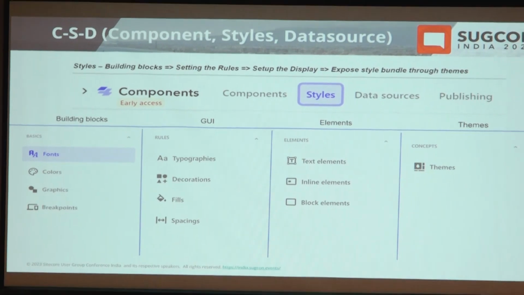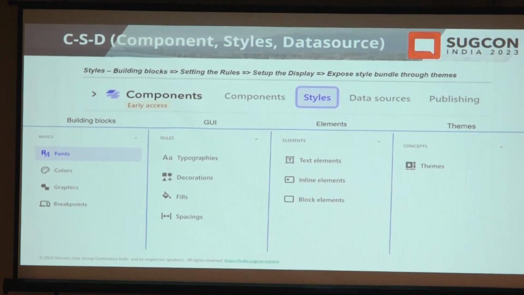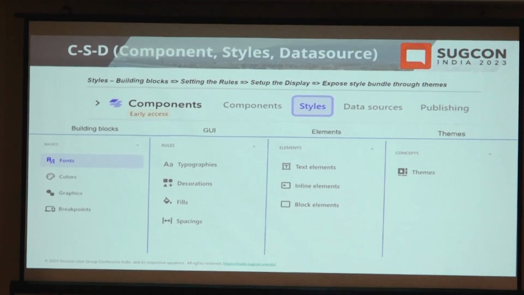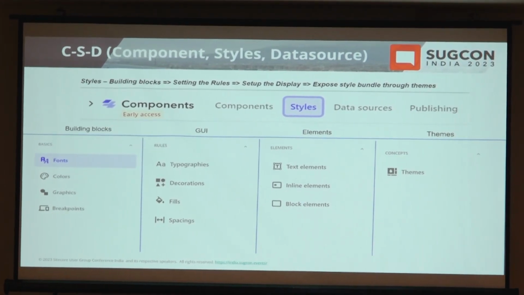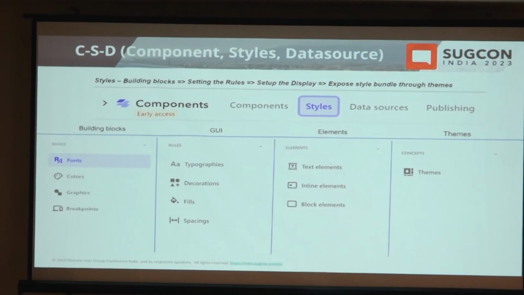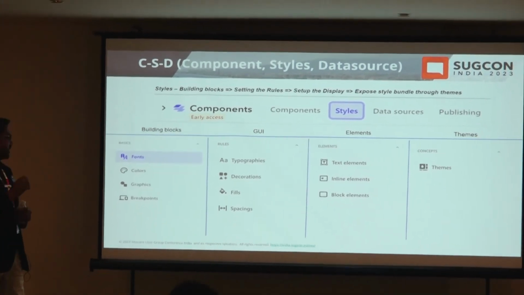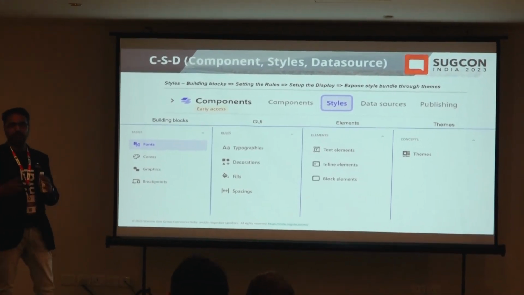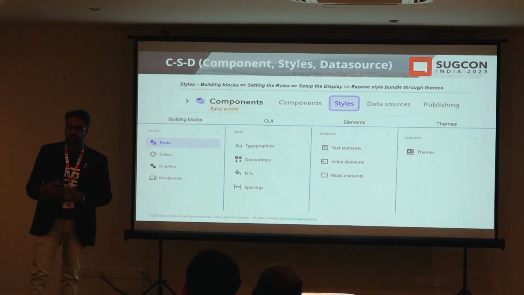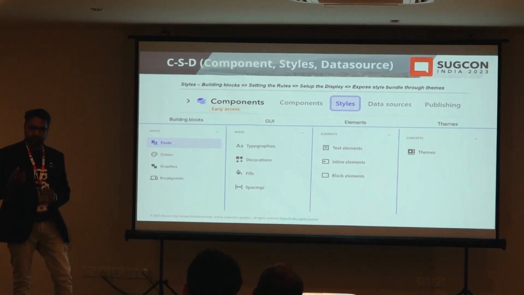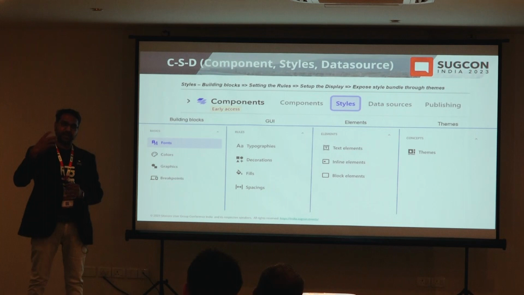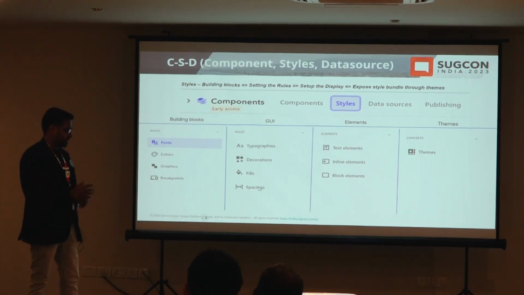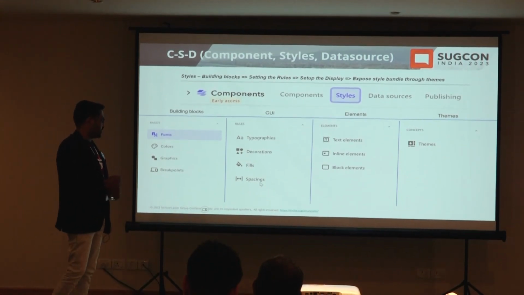In decorations, we define what kind of decorations our component would have, like rounded edges or not, what kind of different borders, and what kind of different shapes it should have. In fills, using the colors that we have defined, we add more effects to those colors. Like we can control the opacity, we can apply different gradient effects to it, and then finally comes the spacing, self-explanatory: padding and margin can be defined here.